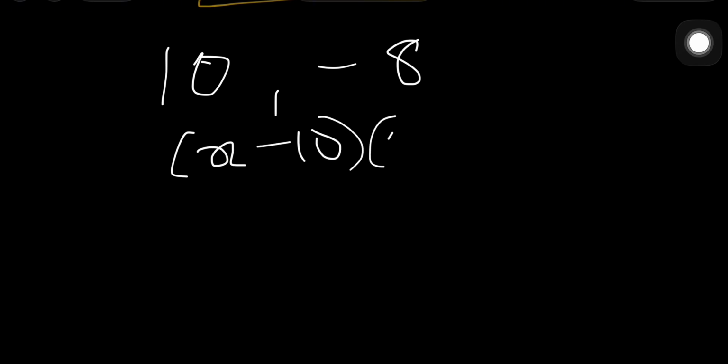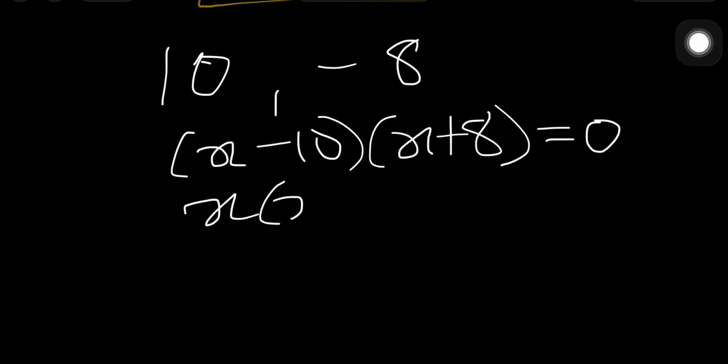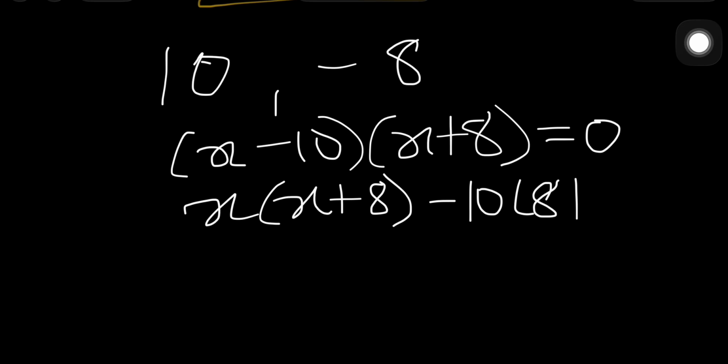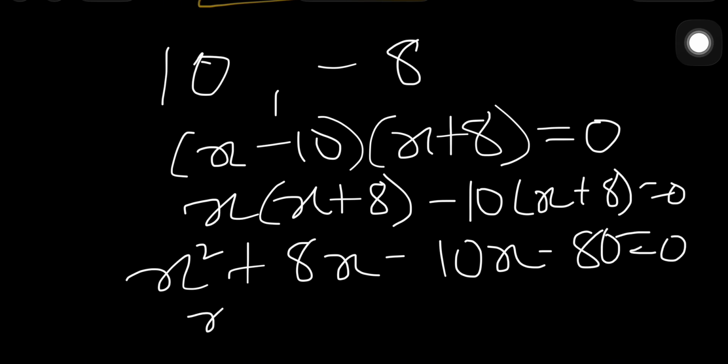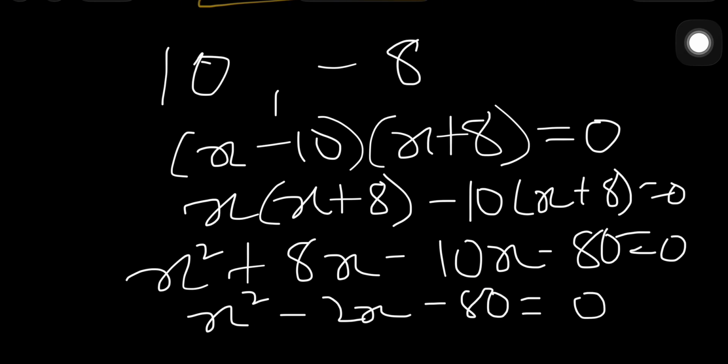So (x minus 10)(x plus 8) equals 0. x multiplying (x plus 8) minus 10 multiplying (x plus 8) equals 0. x squared plus 8x minus 10x minus 80 gives us 0. So that x squared minus 2x minus 80 is 0. That becomes our quadratic equation.